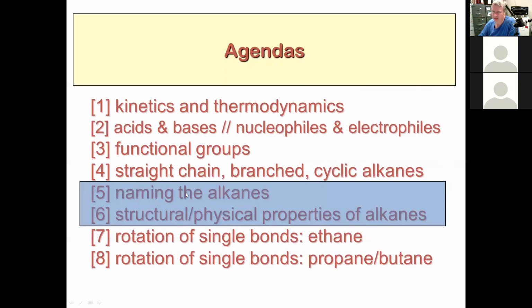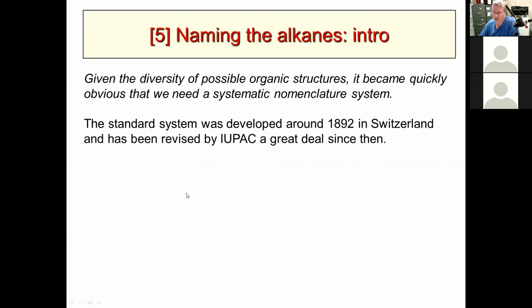Okay, naming. This is getting into fun stuff. One of the fun things you probably have not learned much about in Gen Chem, definitely not. Given the diversity of possible organic structures, it quickly became obvious that we need a systematic nomenclature system.